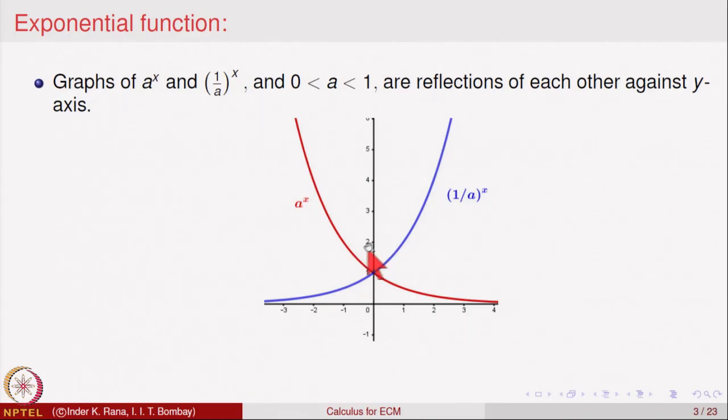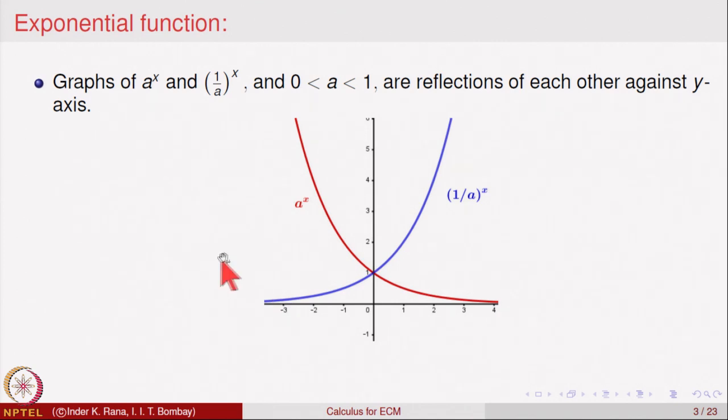I have plotted this graph using a software, but why does the graph look like this for the exponential function? Of course, we have said that as you go from left to right, it is increasing, and it goes on increasing, and it keeps on decreasing as you go to the left side. Then why should it look like a nicely rounded kind of graph?